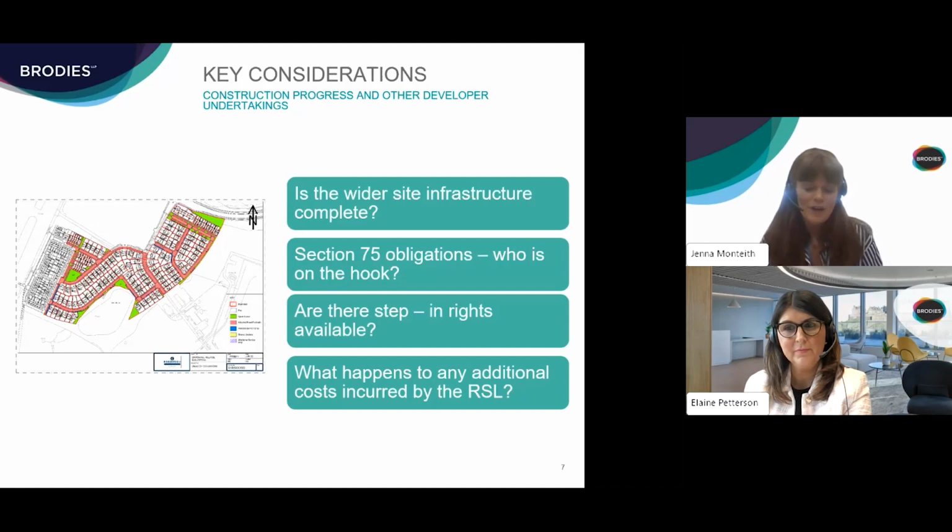So in scenarios where there is quite significant infrastructure that's to be completed, and even thinking about the situation where a house builder site might be quite large, and the RSL's portion of the site, the affordable housing land forming part of that site, might be quite some distance from the nearest public road. So access to our affordable housing site will be dependent on the construction of an access road.